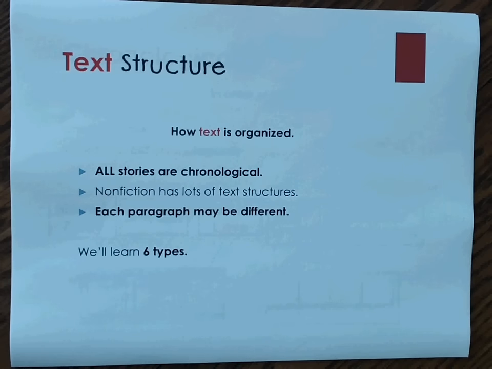All stories are chronological. Nonfiction has lots of text structures, and each paragraph may be different. So if we have a 5-paragraph informational piece, each of those paragraphs can be a different text structure. We're going to learn 6 different types.